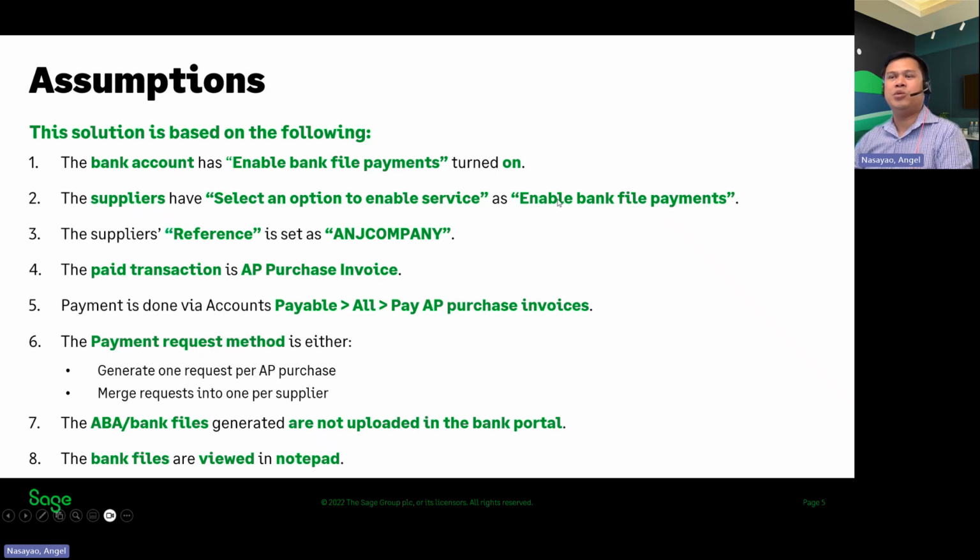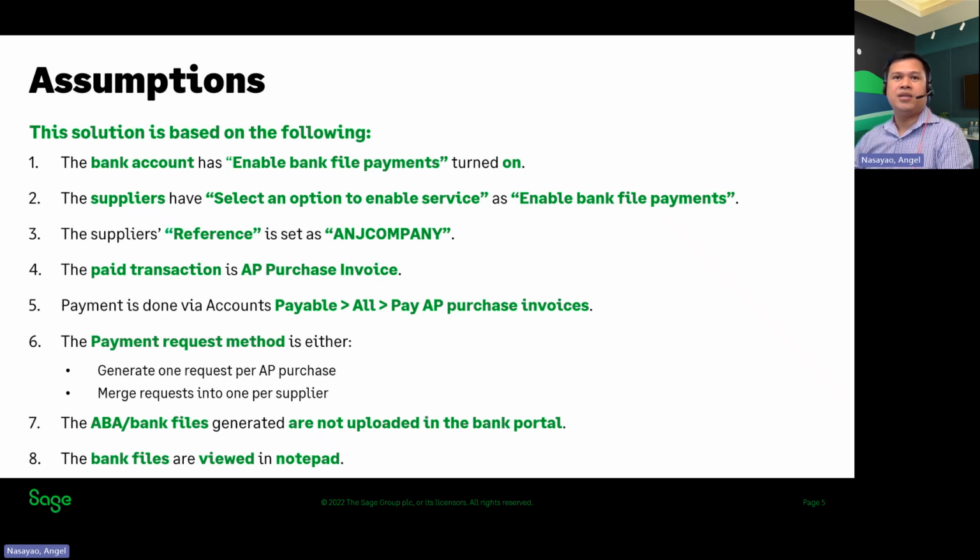When this is enabled, you can define the different bank file related fields for the supplier to be paid by ABA. So you have the BSB number in there, the minimum, you have the account number, and of course you have the reference.